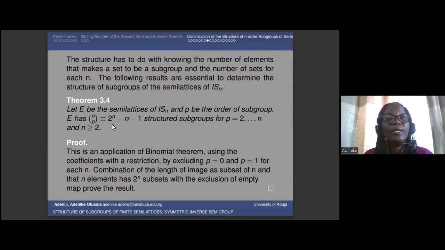And that is why we said that p should start from 2, so it means n starts from 2. So if n is 2, the structure is just going to be 1. If n is 3, the structure is going to be 4, that's 8 minus 4.